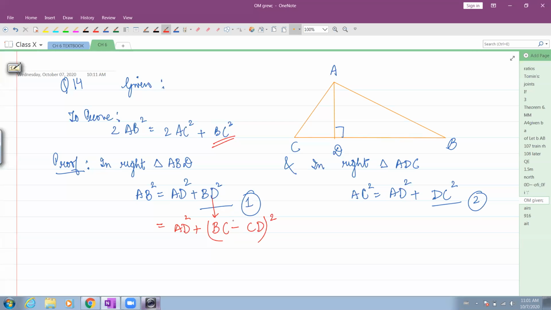So BD can be written as BC minus CD. This bracket will be expanded using the identity a minus b whole square, so you will have a square plus b square minus 2 times a into b.